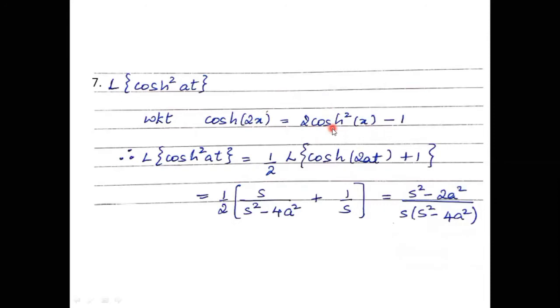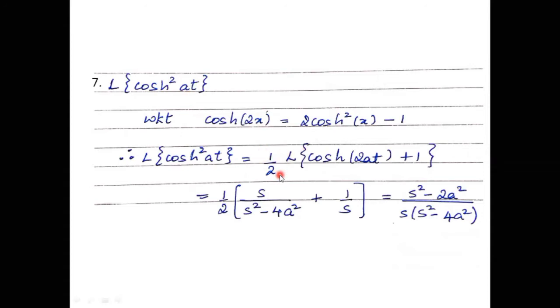See here, I can write this cosh square x by taking this minus 1 to this side, so that becomes cosh 2x plus 1, whole divided by 2. And in place of this x, I'm having at here, I'll just replace by that.